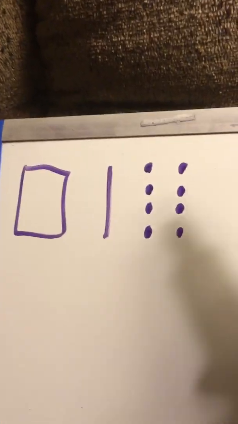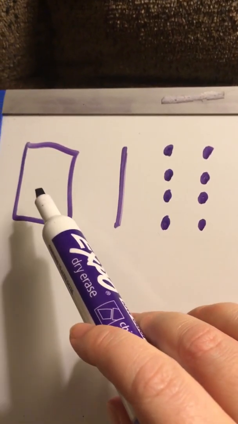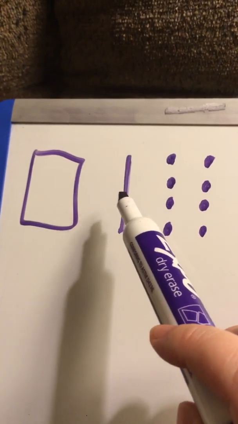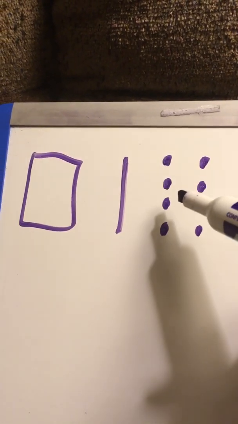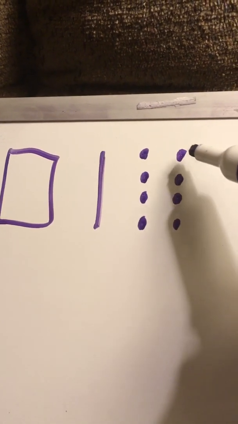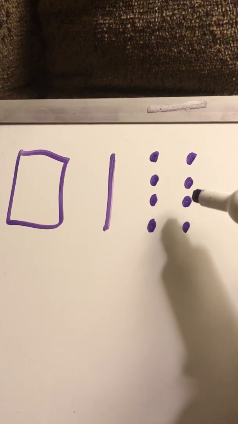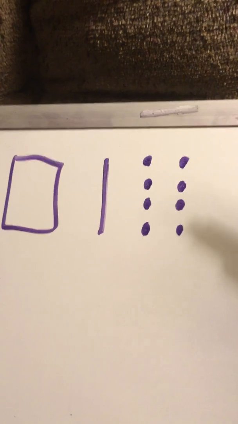Okay, so let's count this together using our drawing. Do it with me. 100, 110, 111, 112, 113, 114, 115, 116, 117, 118. Now we need to write the number.